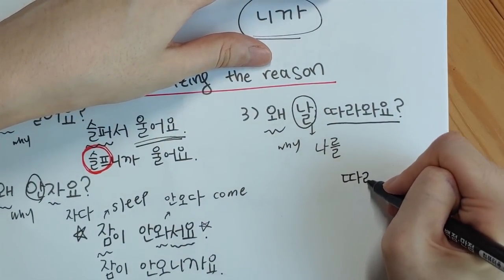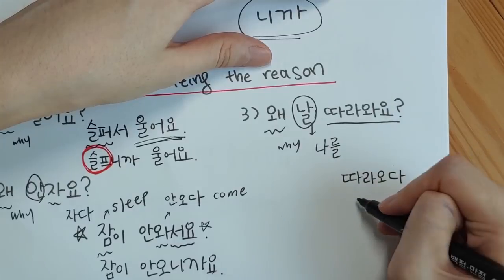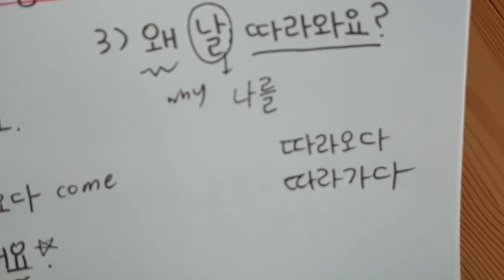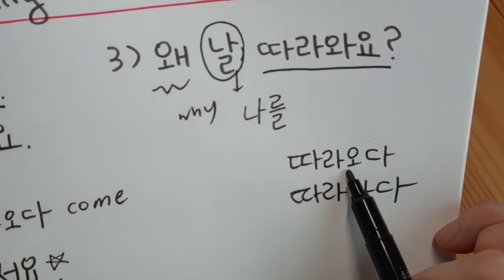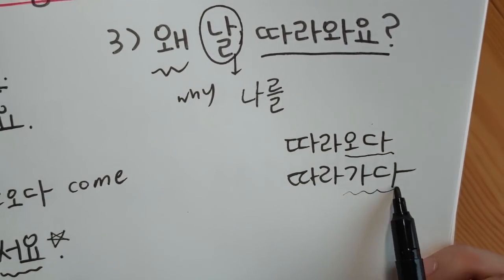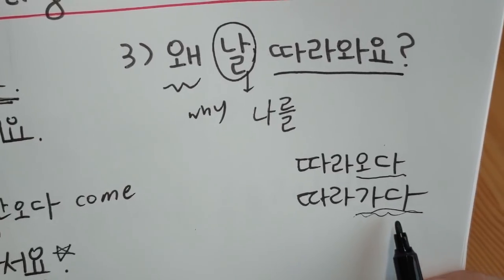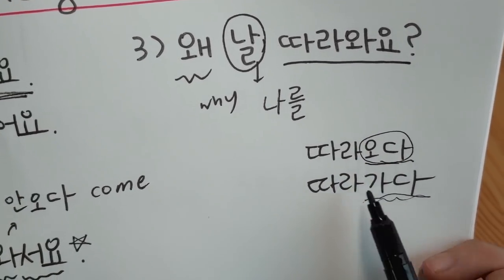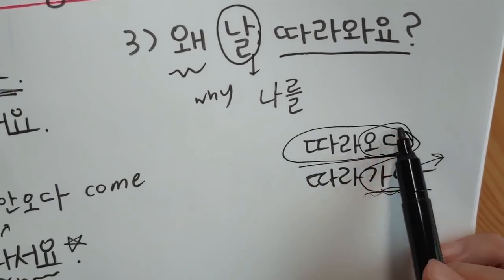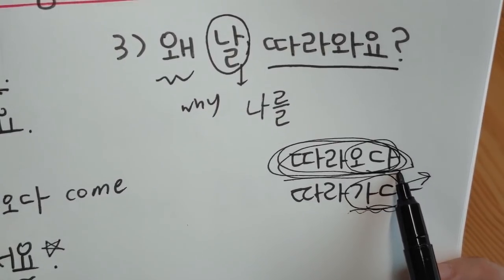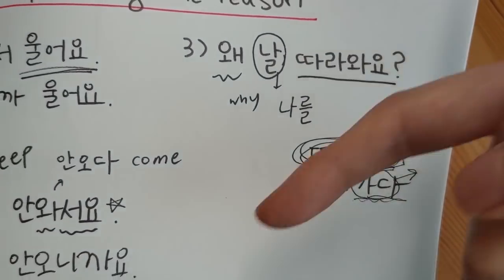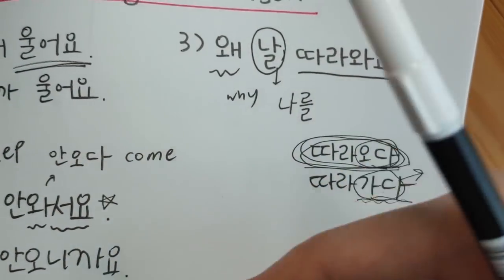따라오다 and 따라가다 also mean different things. So 따라오다 means to follow someone. And 따라가다 also means to follow someone, but 오다 means to come, and 가다 means to go. So 따라오다 can be used when you are talking about someone following you, right? Because in your shoes, that person is coming to you, following and coming to you.